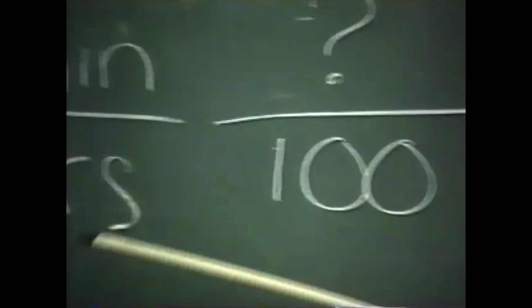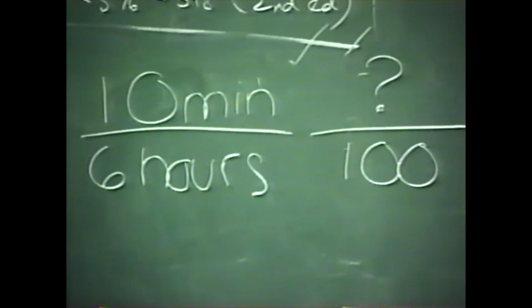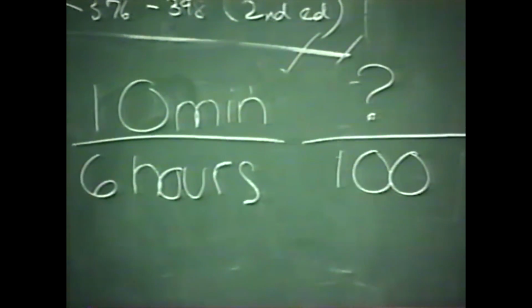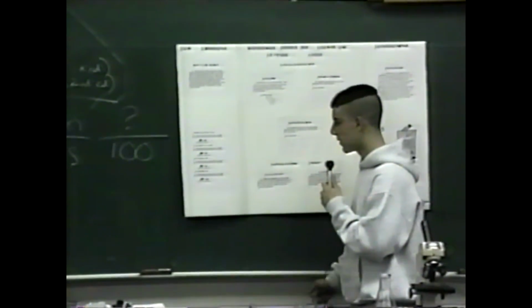And then I used this formula here, the 10 minutes over the 6 hours, and the question mark over 100. And the question mark was the growth rate. After cross-multiplying, I came out to about 83.91% growth rate. And that's going to be known as the known growth rate.